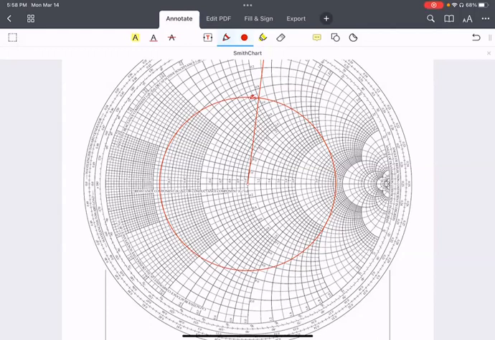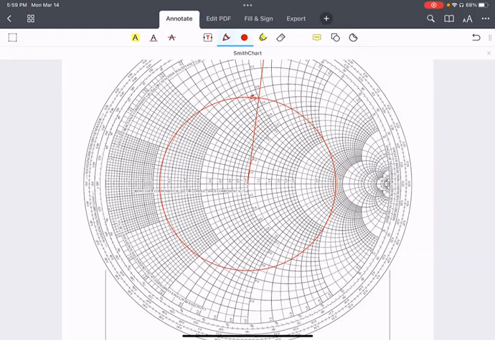How about this for those who are stuck? How do you do it just in words? How do you get the magnitude of the reflection coefficient? Which one's on top?